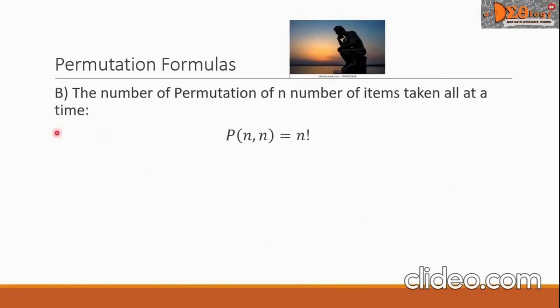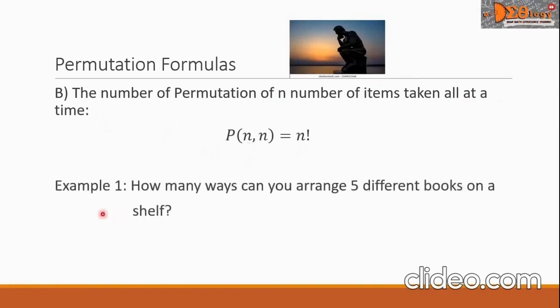Let's have letter B. The formula of permutation says the number of permutations of n items taken all at a time is P of n equals n factorial. For example, how many ways can you arrange 5 different books on a shelf?